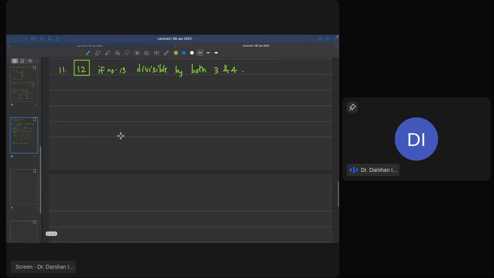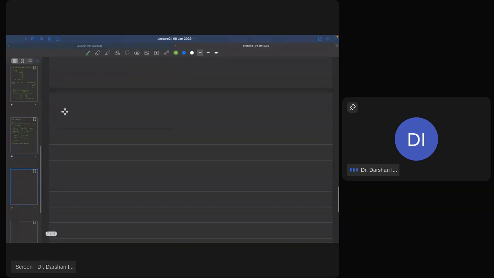Anyways, let's go ahead. So now I want to talk about a few things related to remainder, right? This is important for everyone. For example, if I have a number like 13, we say 13 divided by 6 is 2.